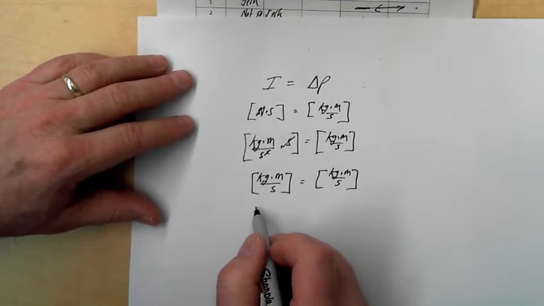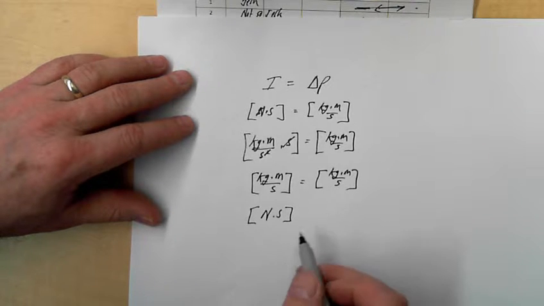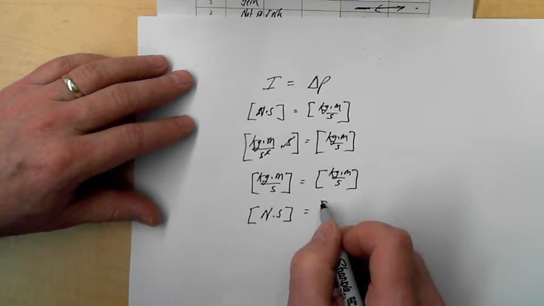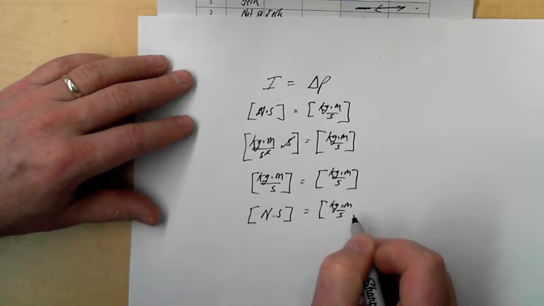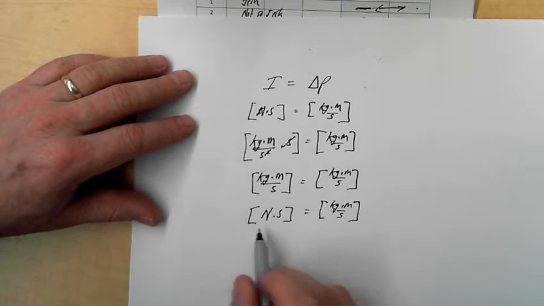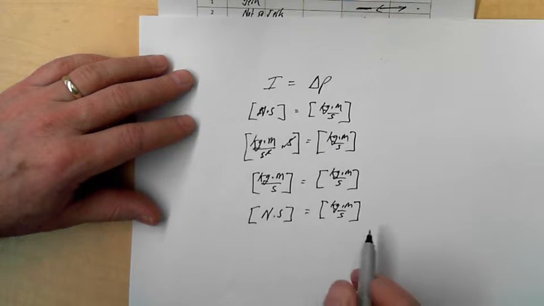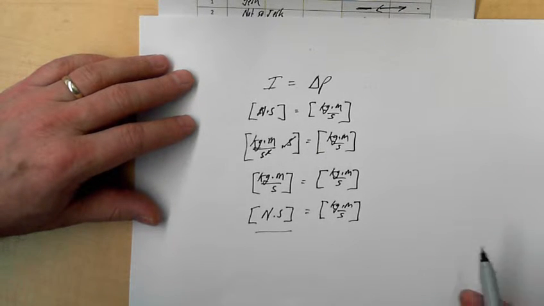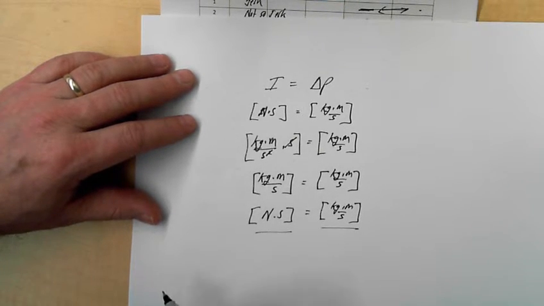So even though when we're talking about impulse, we typically say Newton seconds, and when we're talking about momentum, we usually say kilogram meter per second, they are exactly the same. So we could use them interchangeably. But again, traditionally we say Newton seconds for impulse, kilogram meters per second for momentum, but you could swap them back and forth. They are exactly the same thing.